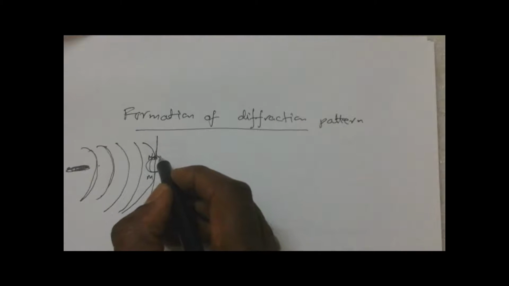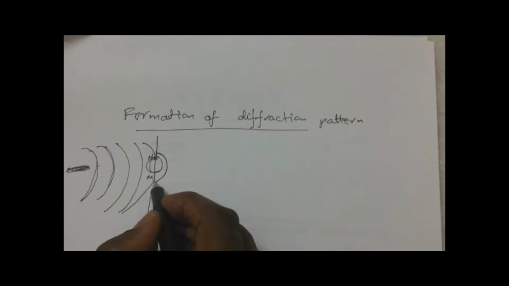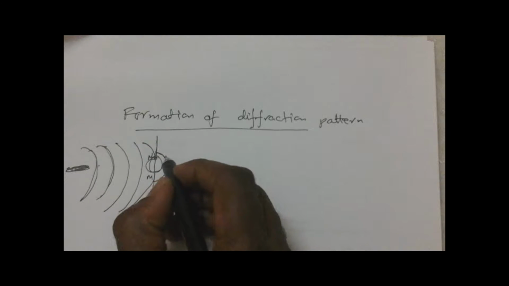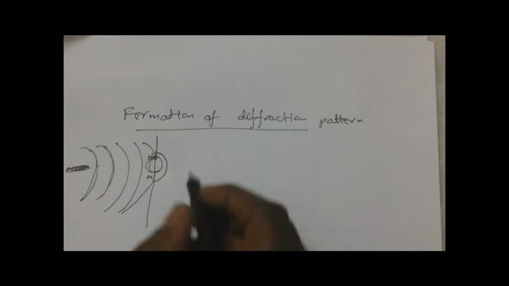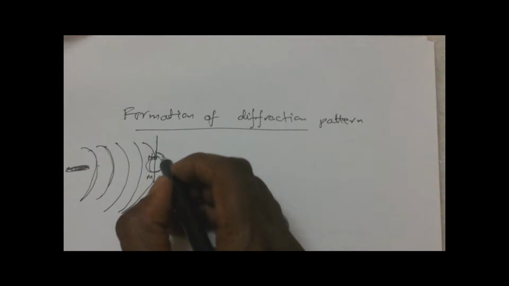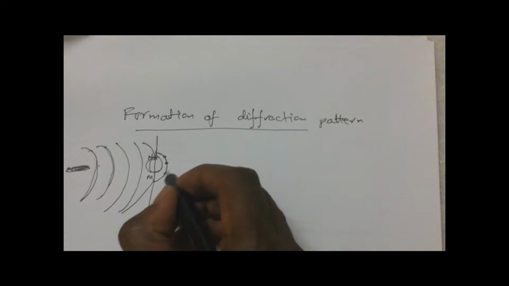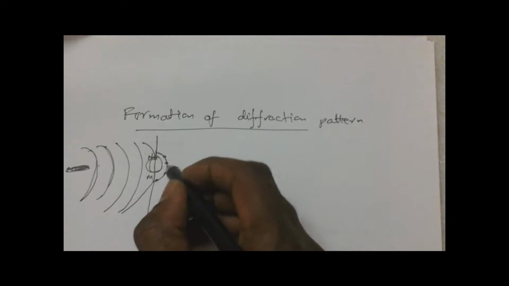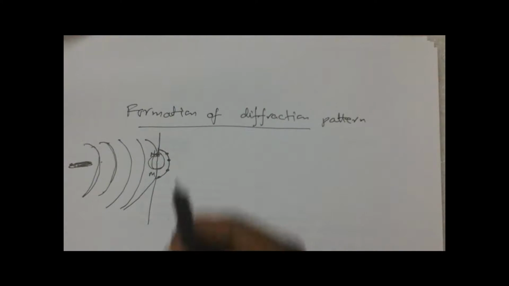After falling, the spherical wavefronts emerge out from the slit like this. So from this point of the slit we are again getting a spherical wavefront. On this spherical wavefront we are having so many points.